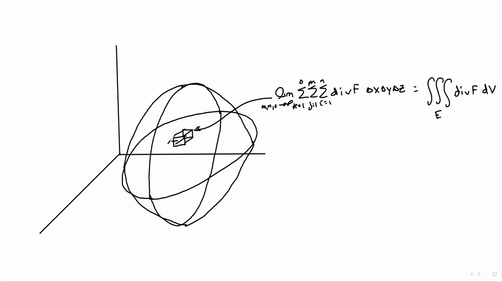The flux, the degree to which the vectors point outside our cube. If we move that cube around inside of here, you're going to end up getting this. Okay, so that's one side. Now, what about the other side?